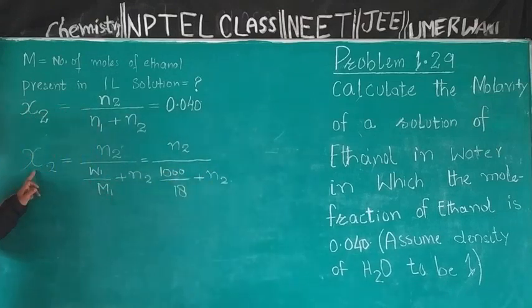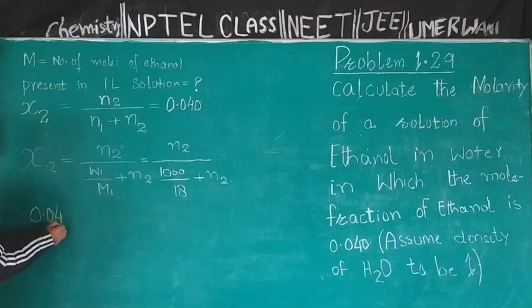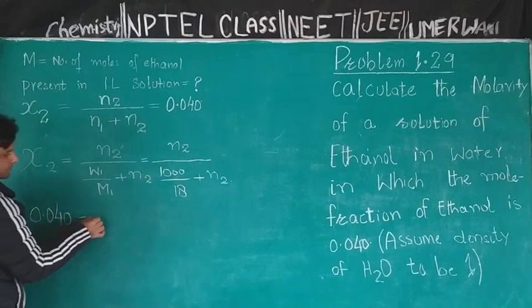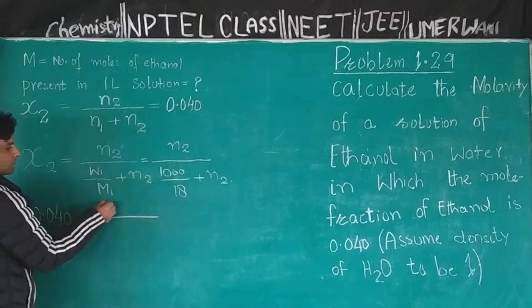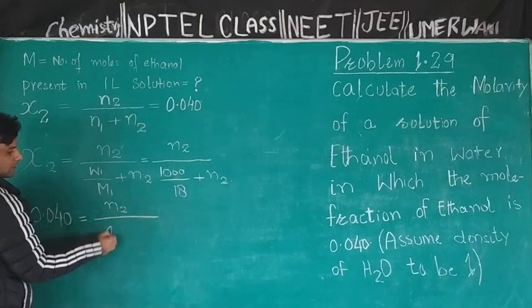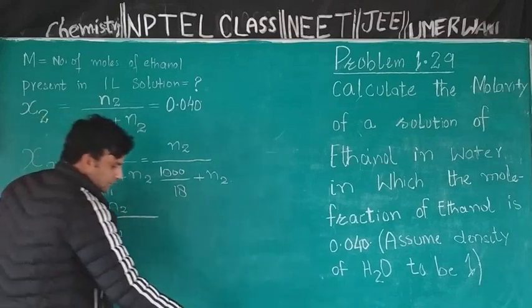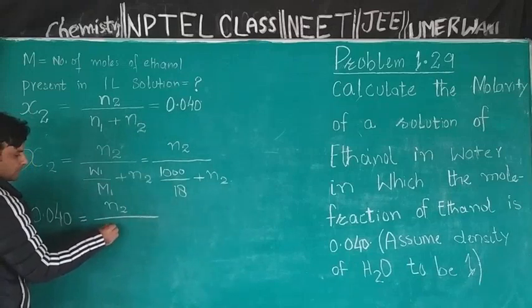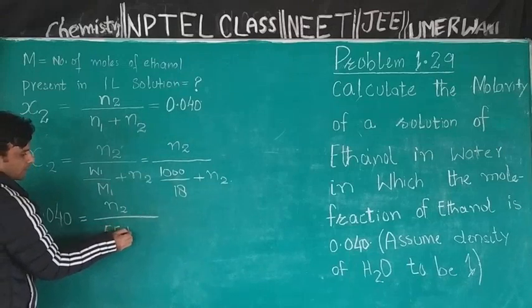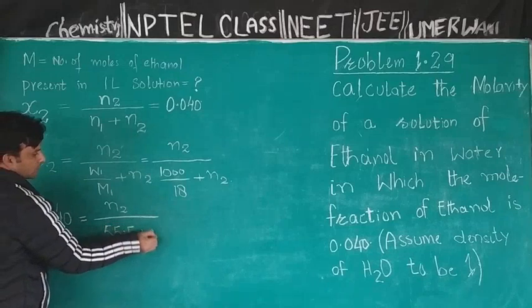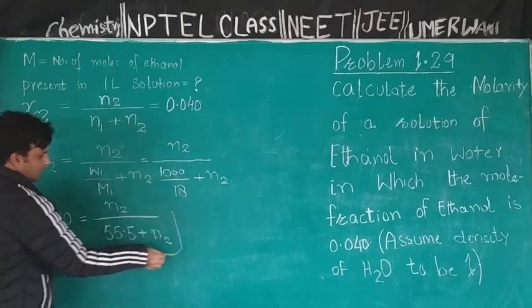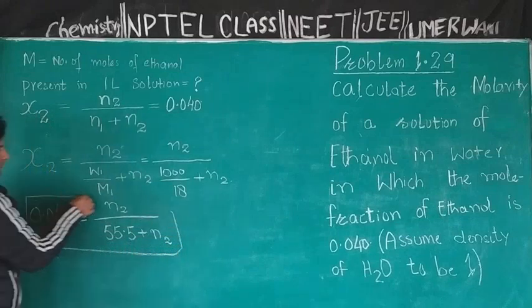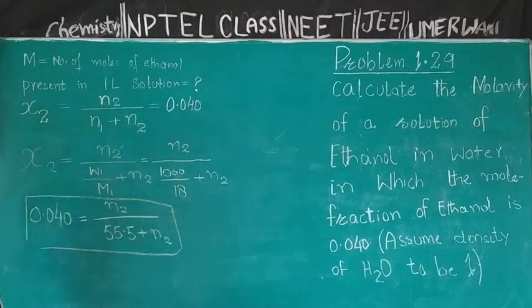Now this value Chi2, mole fraction of solute ethanol, is given in the question 0.040, is equal to N2 divided by 1000 by 18, which comes equal to 55.5 approximately, plus N2. Now I will solve this equation for N2.